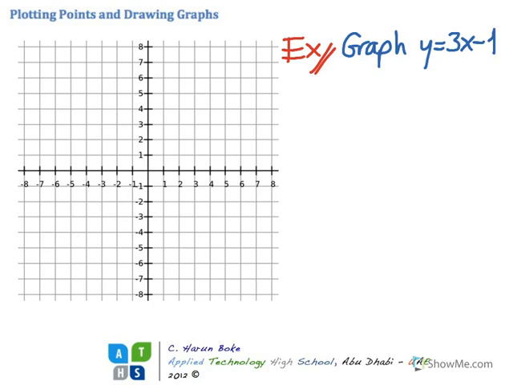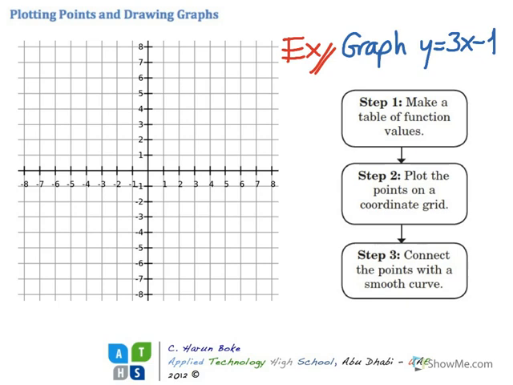Okay, let's draw the graph of y equals 3x minus 1. The steps we have to follow are as follows. In the first step we are going to make a table of the function values, which means we are going to choose values of x, and then calculate the values of y according to the given function.